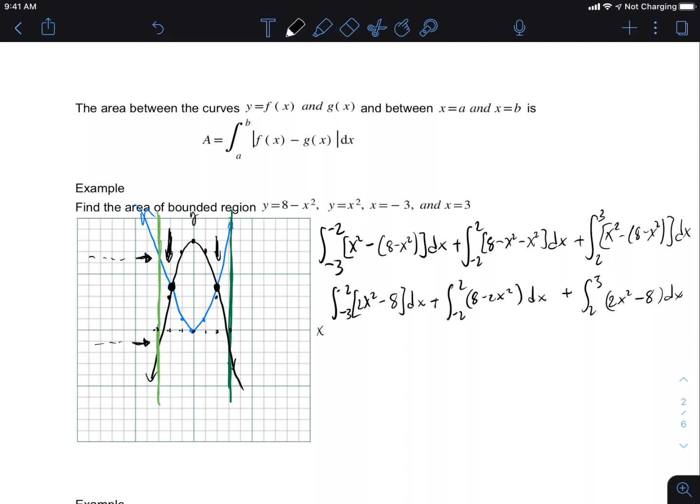Do you see how they change signs? Absolute value. Isn't that interesting?